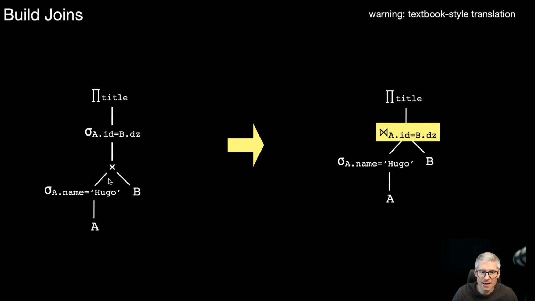And then there's a rule saying, if you have a situation like that, the selection followed right after the cross product, you can rewrite that to a join. That's my join, and the join gets that join predicate, and that is how I express it here.